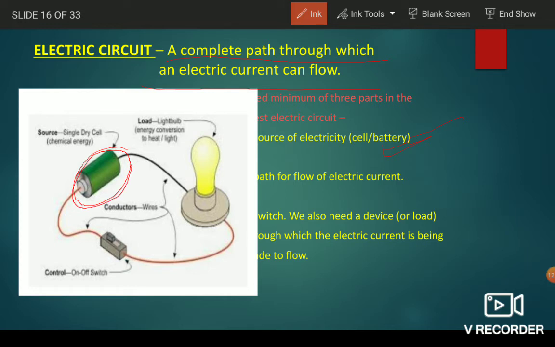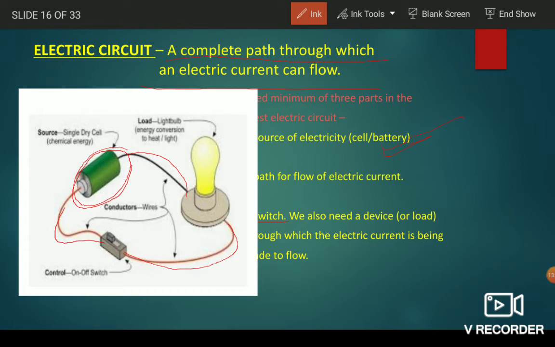Then secondly, there should be a path for flow of electric current. And here in this picture, the path is this wire through which the current is flowing. Third, a switch, which is needed to stop or start the current to flow.